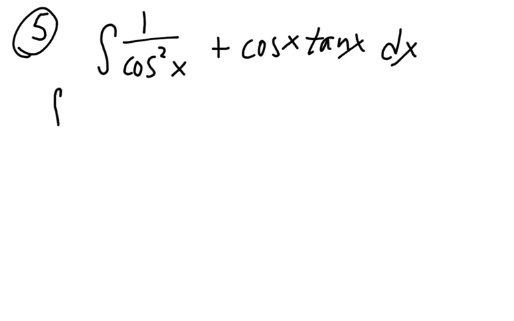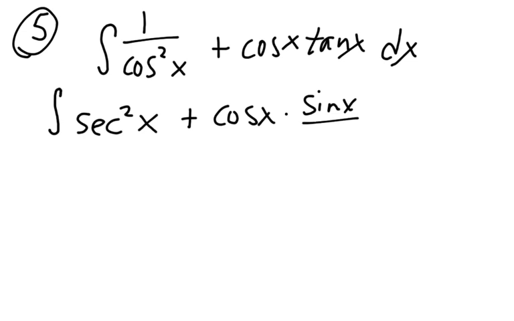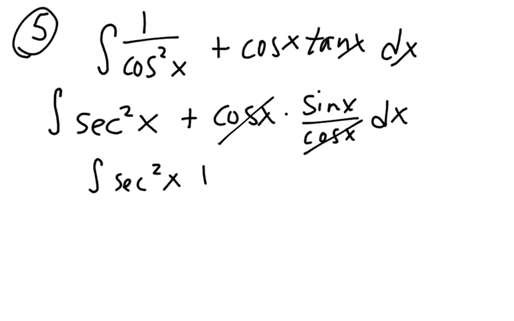Using some things from pre-cal, 1 over the cosine squared of x is the same thing as the secant squared of x. And then you'll remember that the tangent is the sine of x over the cosine of x. So these cosines can cross out. So this now becomes the integral of the secant squared of x plus sine of x dx.